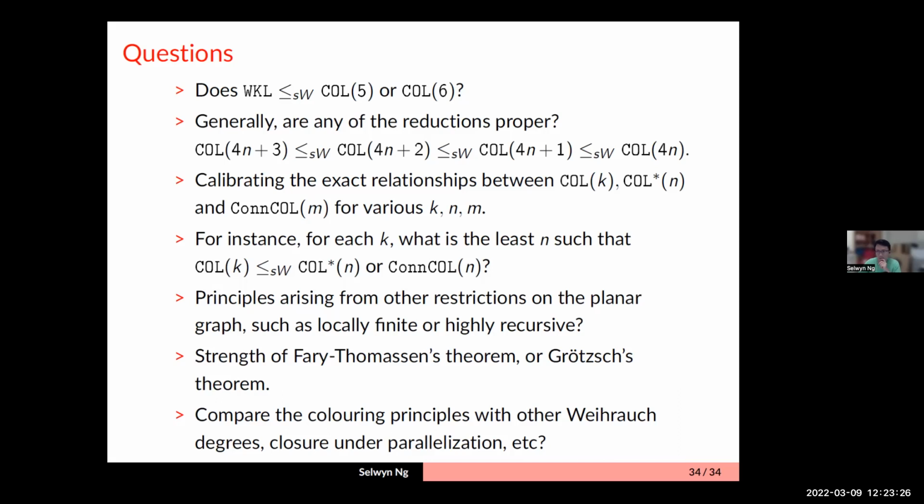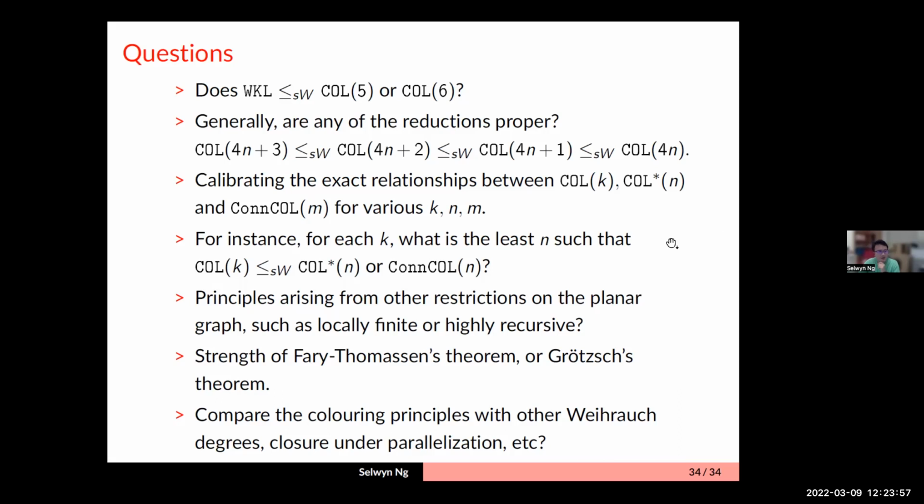Okay, and another question. I understand that all these principles use the definition of planar given by not having those minors, right? If you change the definition to the other one that you showed, it's equivalent under WKL, but in a weaker theory it's not equivalent, so you will get a weaker principle. Do you have any results about those? Let's say the 4-color theorem for graphs which actually have a planar diagram.